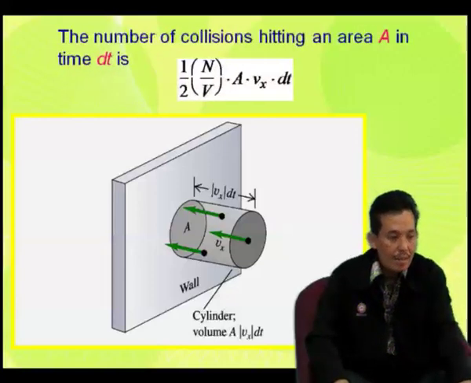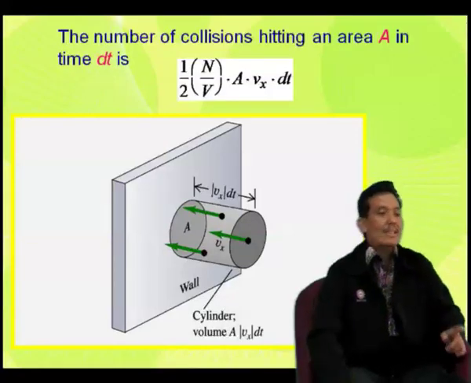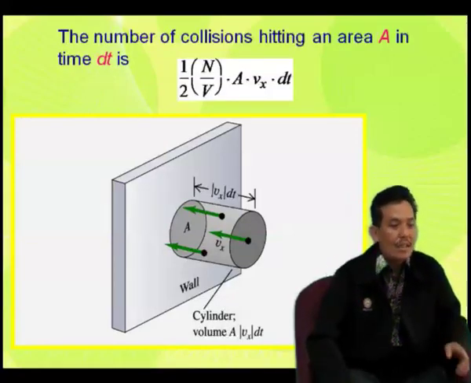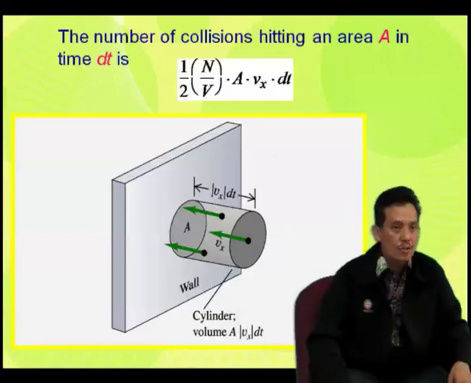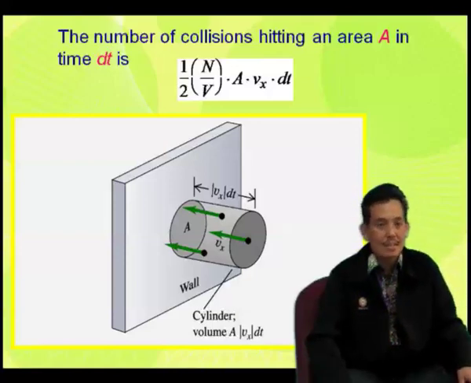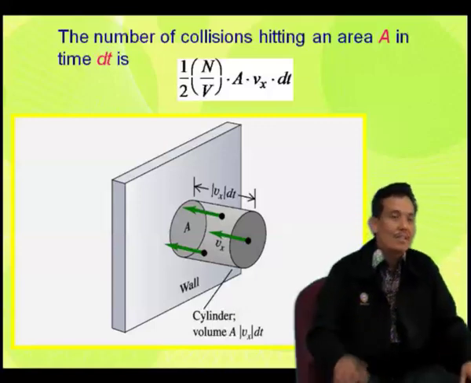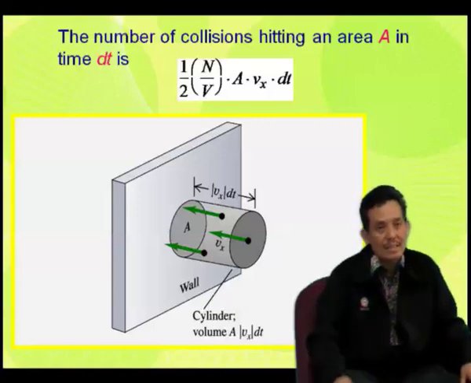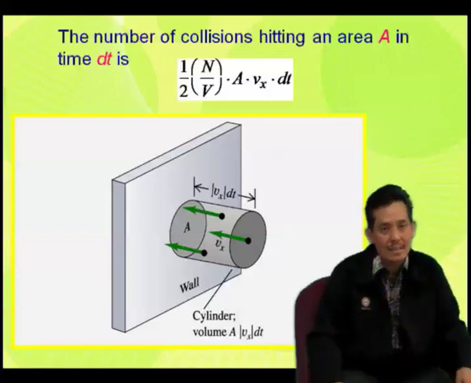Then we can say that the number of collisions hitting an area A in time dt is equal to half times n bar v times A times Vx times dt. Here A is the area of the surface, Vx is the speed in the direction of the x-axis during the time delta t.